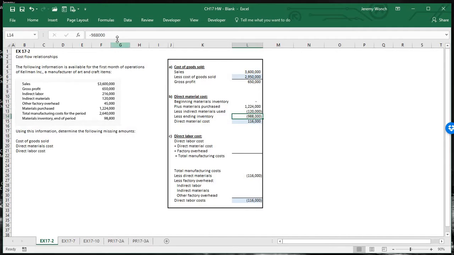If I plug in the correct number here, one extra zero, there we go. So now we have a direct material cost of 1,005,200.